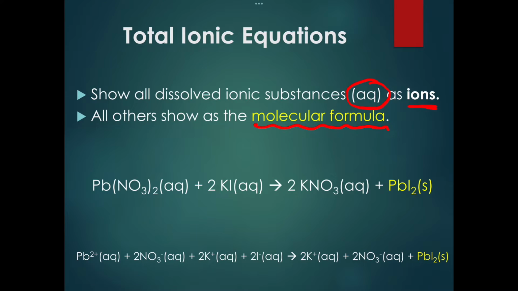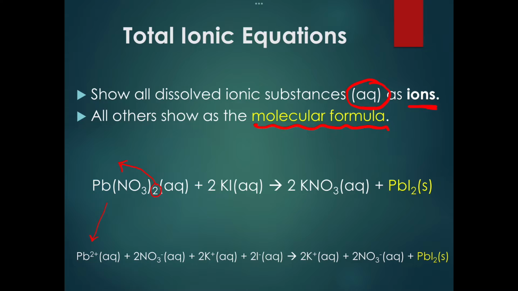So when we split this apart, we need to break it into our ions. Remember that lead is one of those that can have multiple charges. So when we're thinking about uncircling and switching, this 2 came from the lead, so that's telling us it's lead 2+. Okay, so when this splits into ions, it's going to split into lead 2+, and that's going to be aqueous.